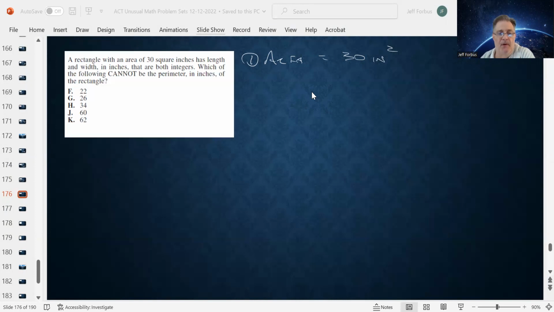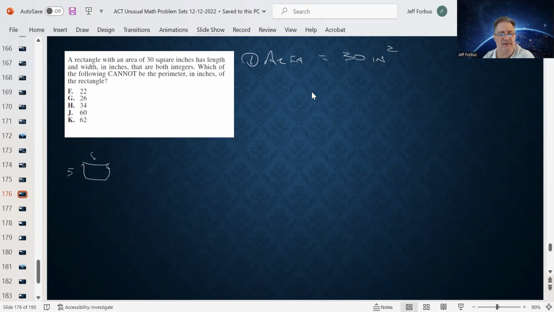Now, which of the following cannot be the perimeter in inches of the rectangle? So perimeter and area are being related here. What we need to do is figure out different lengths and widths that will produce an area of 30. Well, the first one we can do can be very simple, 5 by 6.